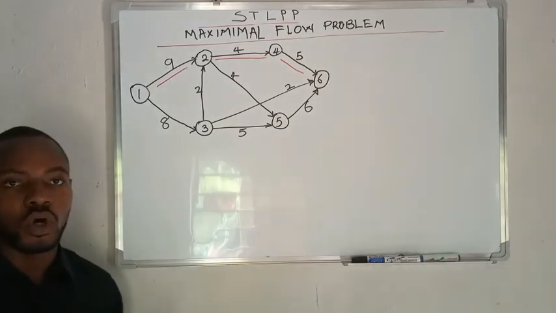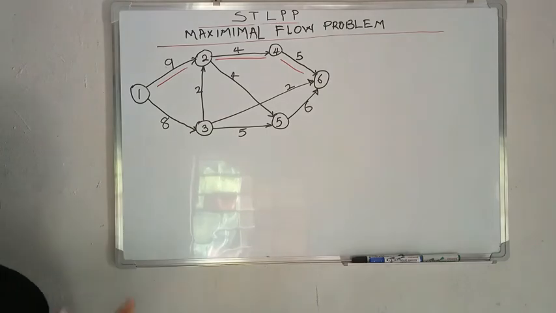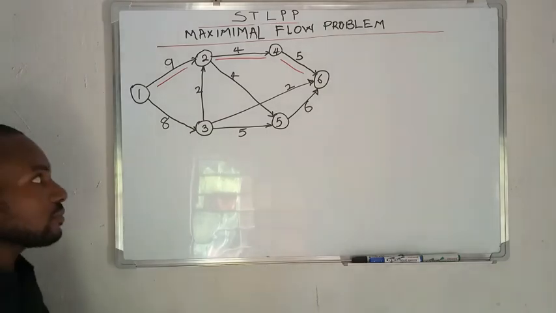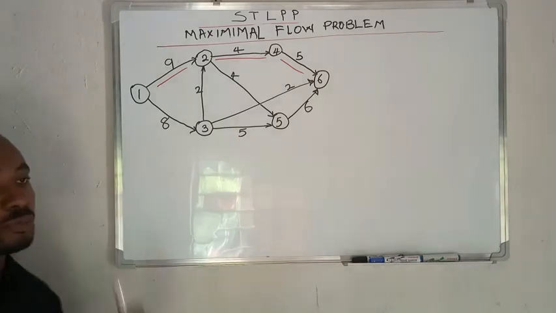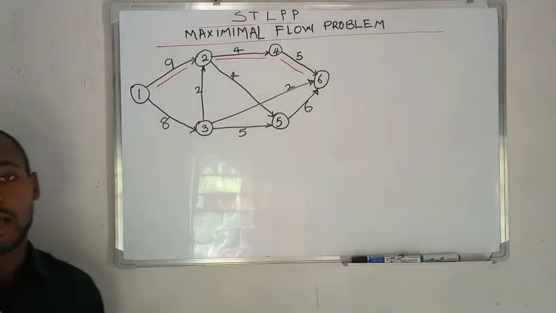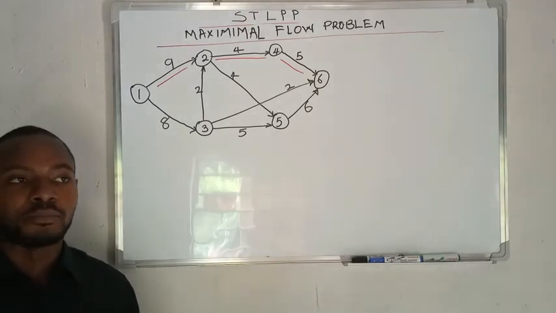But that does not always give us the maximum flow. So we are going to be doing that, and another way of solving this problem is using the label algorithm method.